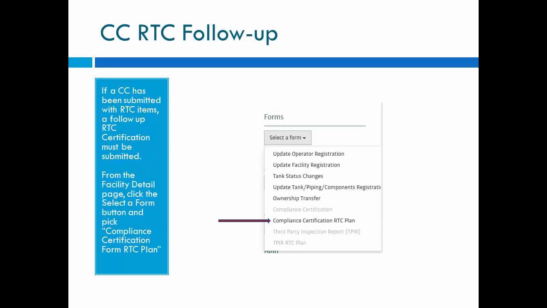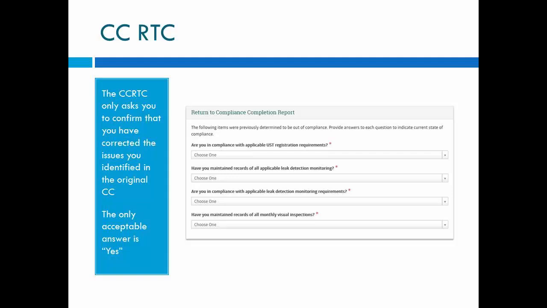To complete the compliance certification Return to Compliance, the form can be found when you click on the Select a Form button on the facility detail page. The Compliance Certification Return to Compliance form will only ask the questions that were previously answered no, indicating a need to take some action to get the facility into compliance with all requirements.